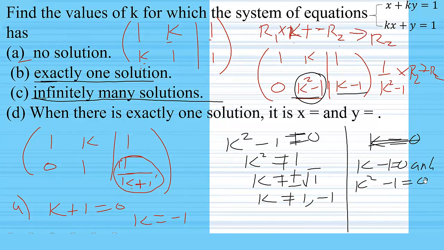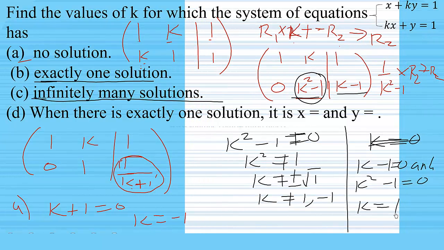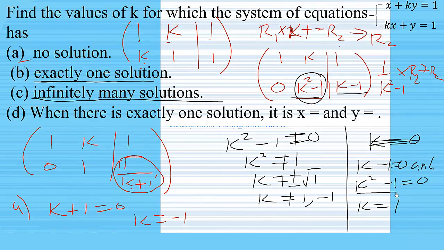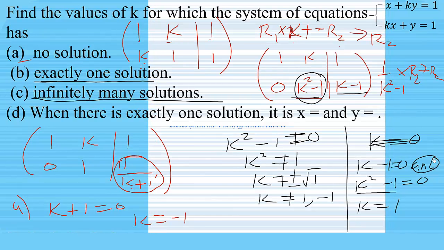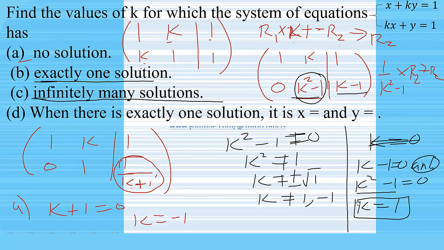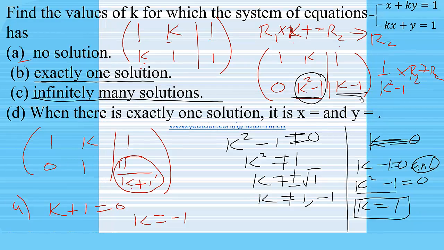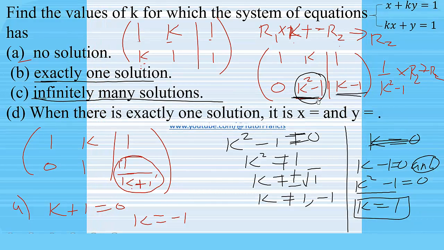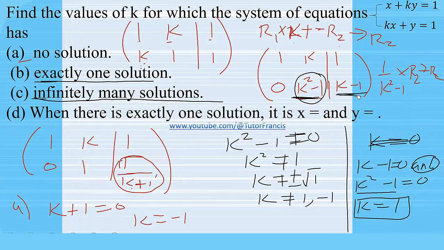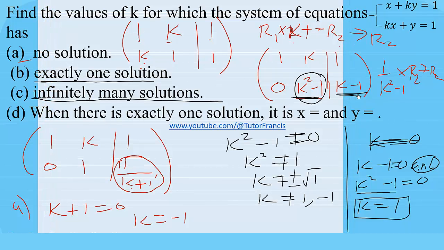When we solve this, even though we'll get two results here, since we are looking for the intersection, it's supposed to be k equal to 1. So when k is equal to 1, you're going to get 0 here and 0 here. When k is equal to negative 1, we'll get 0 here, but we'll get negative 2 here, which is not going to give us a dependent system or infinitely many solutions.